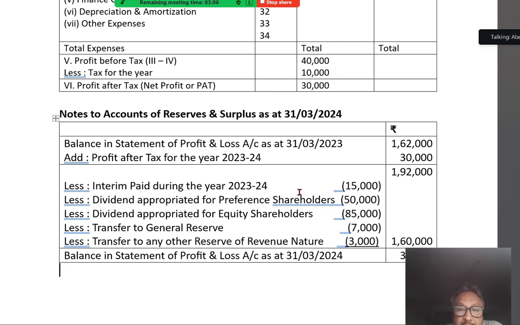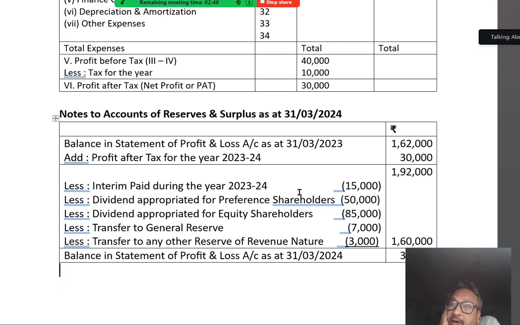Sir, do we also add or subtract the return on tax? No. Which tax? Return, sir. Return on tax. What is this?